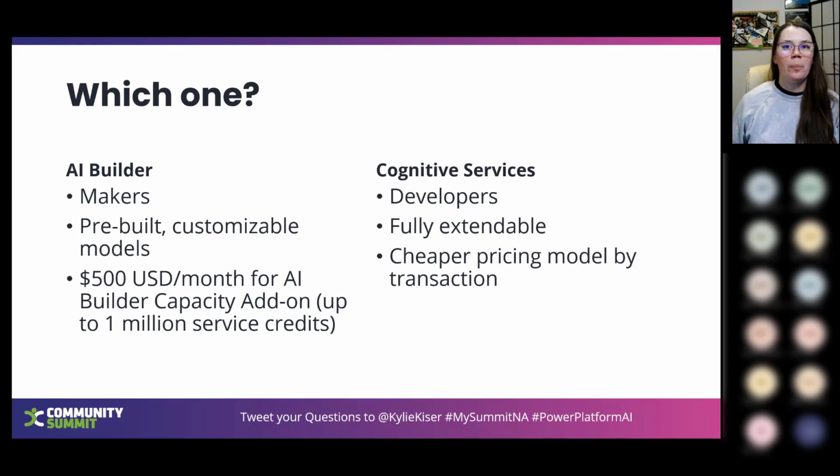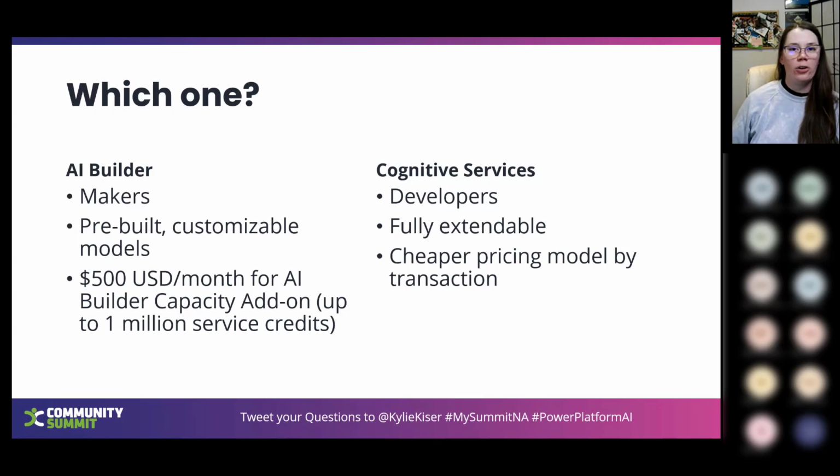And then the big question is licensing and how that works. What's interesting is that AI Builder has credits. It's like $500 a month for so many credits, and based on how much capacity you need and how many credits you're using, that determines how much you have to pay in those $500 increments.